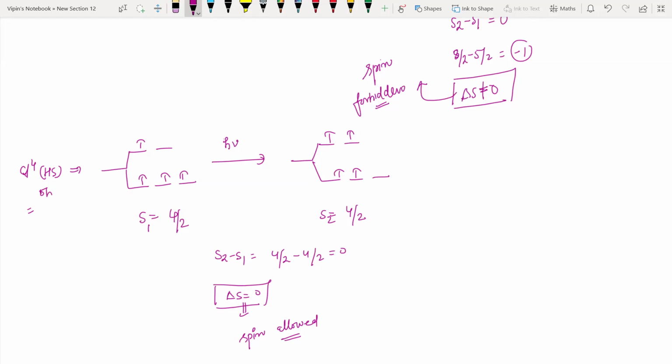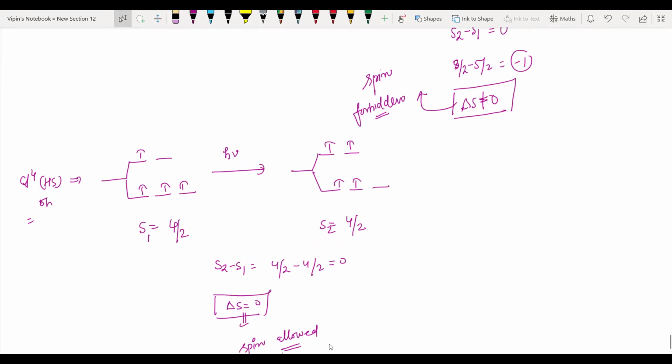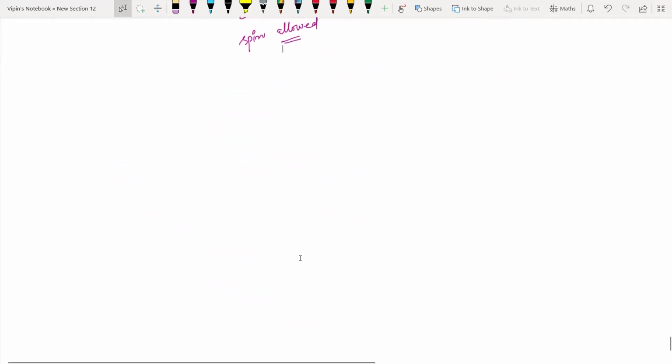Now, these are the selection rules that must be followed by any complex in order to show a better electronic transition and better absorption of light, right? If any complex does not obey the Laporte selection rule or the spin selection rule, then there will be zero or very little possibility of electronic transition.